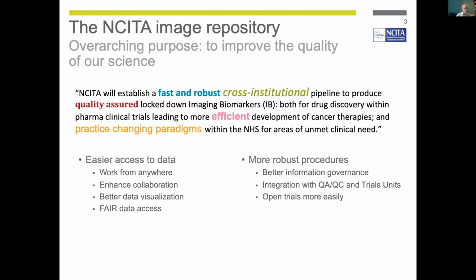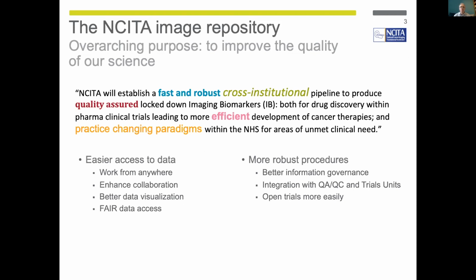So thanks to what the repository's achieved, we can visualize and annotate our data in ways that are becoming ever more like an online PACS. We're aiming to make our data FAIR, that is, findable, accessible, interoperable, and reusable. We've got a lot more to do with procedures, but the whole idea of NCITA is that by incorporating robust procedures, we can improve our image governance.